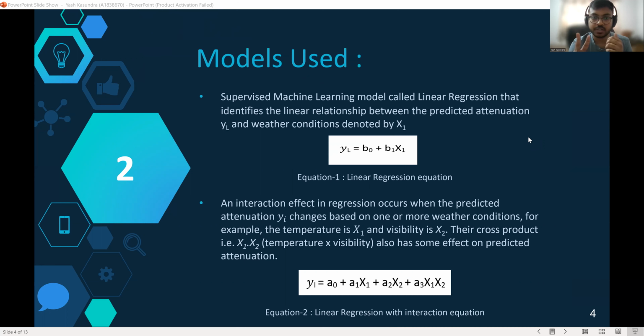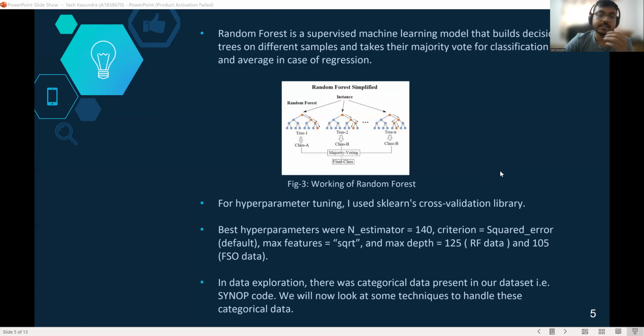Lastly, I implemented random forest and selected the top 10 most useful features based on R square and RMSE scores. I plotted a few graphs indicating that selecting 10 features would yield the best possible results. As for the hyperparameter tuning, I used sklearn's cross-validation library to fit various random forest models with different combinations of hyperparameter values.